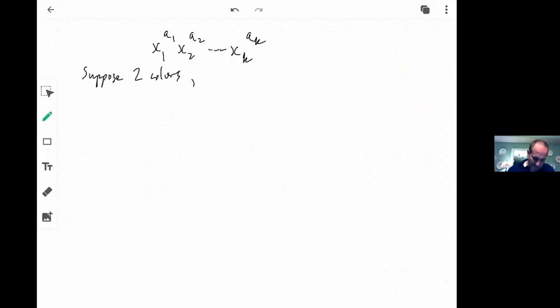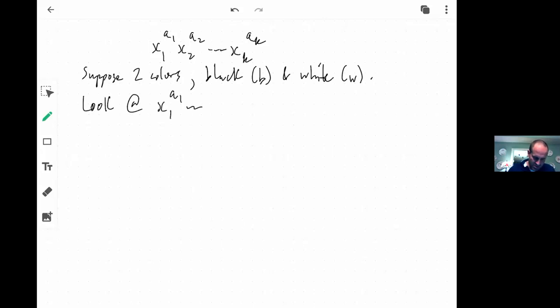And let's say that it's black, which we'll notate with B, and white, which we'll notate with W. Okay? Well, let's just look at x1 to the a1, which means that we have a1 cycles of length 1. Okay?